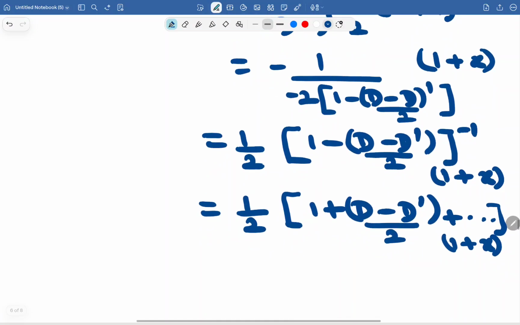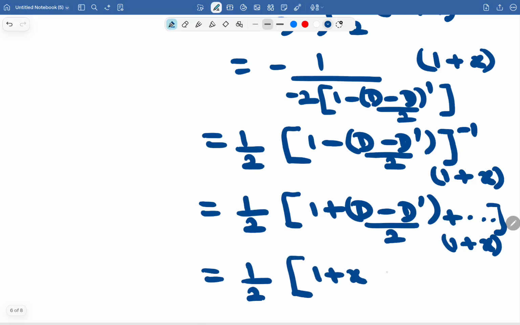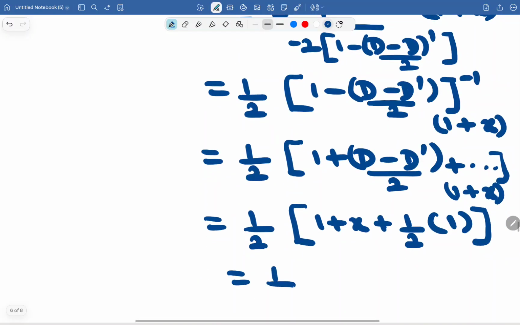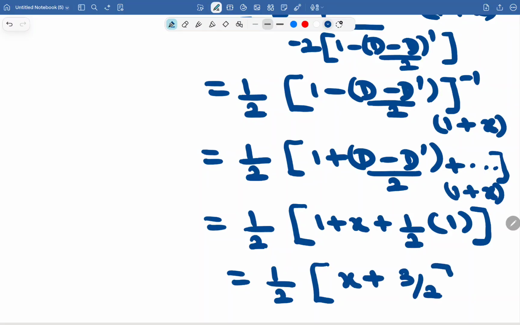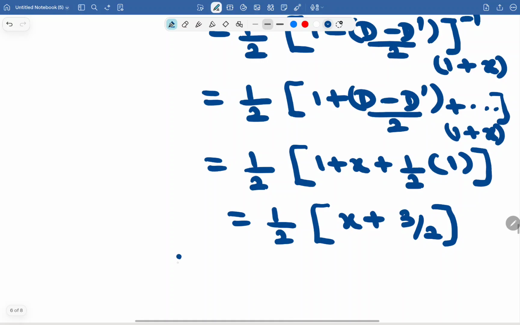Take the 1 + x inside the bracket: it becomes 1/2 (1 + x) + 1/2 times differentiation of 1 + x, which is 1. The remaining terms are 0. The answer is 1/2 x + 3/2. This is PI2.